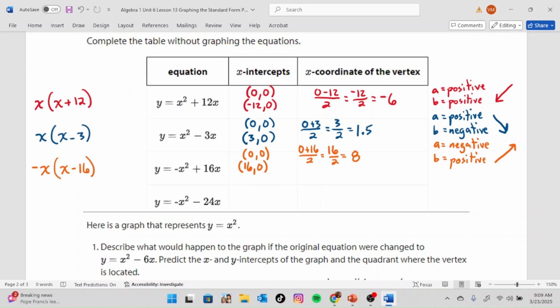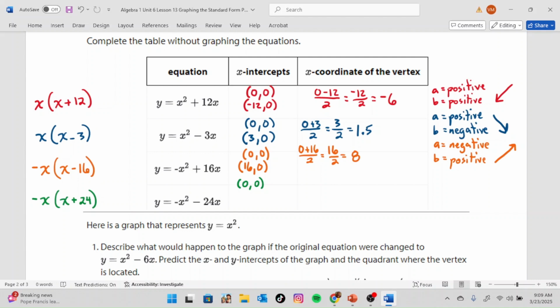And our last one, we now have a negative x squared minus 24x. So I'm going to factor out that negative x, and I would have x plus 24. If I set negative x equal to 0, then x equals 0, and I have an x-intercept at the origin.